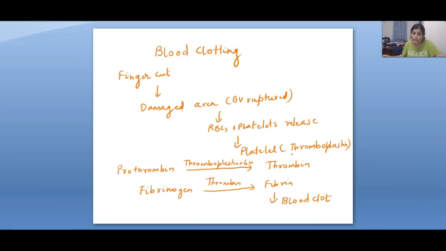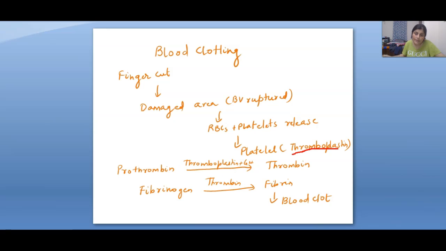These platelets produce thromboplastin. Thromboplastin is produced from the platelet, and together with calcium in the blood, it activates the inactive prothrombin and converts it into thrombin.